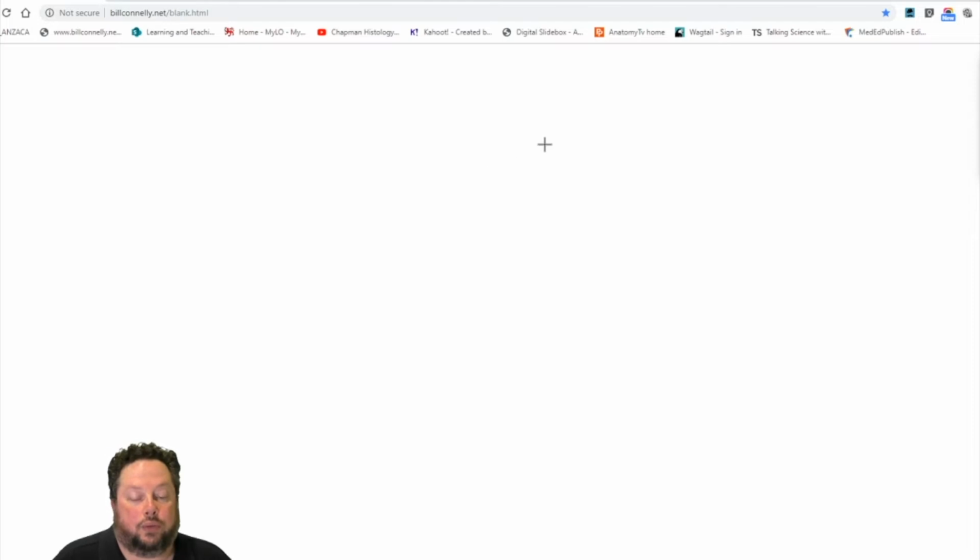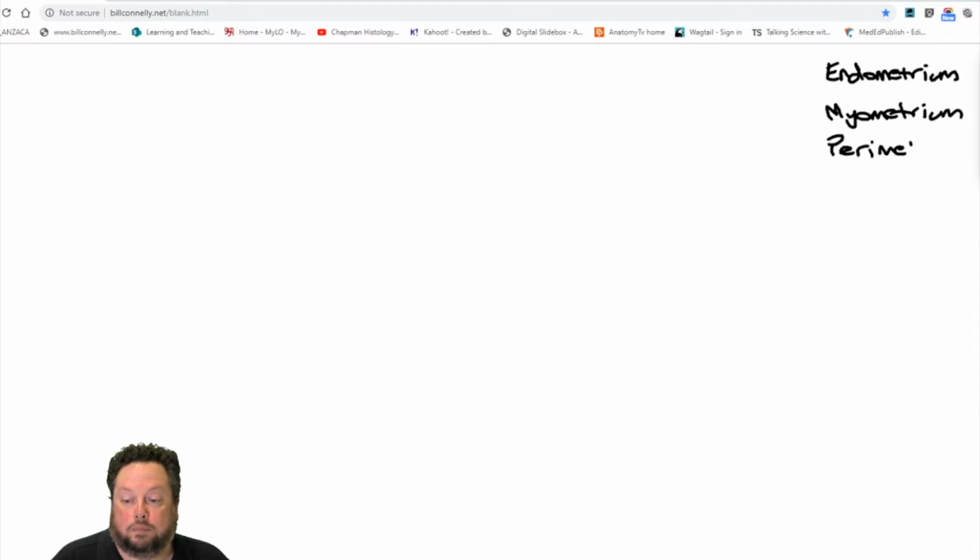All right, so the uterus is actually divided into 3 layers. We have the endometrium, we have the myometrium, and we have the perimetrium. Now the endometrium can be further subdivided into 2 layers.